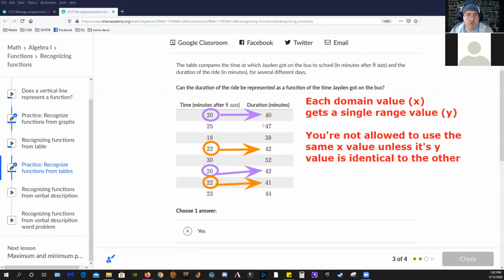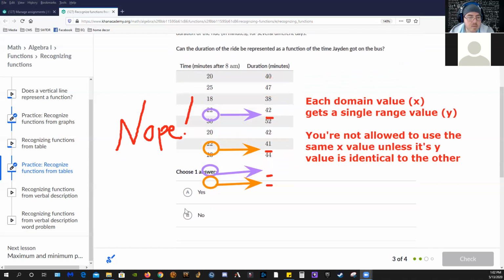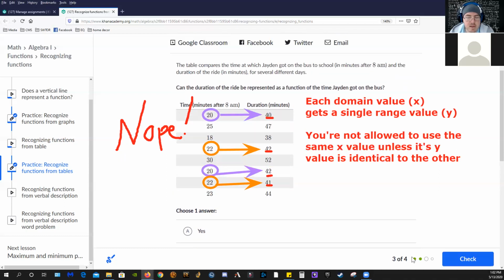Oh, not good. Nope, this one's not a function because these two are not the same, and these two are not the same. So nope. You're not allowed to double up on domain values unless they go to the exact same thing.